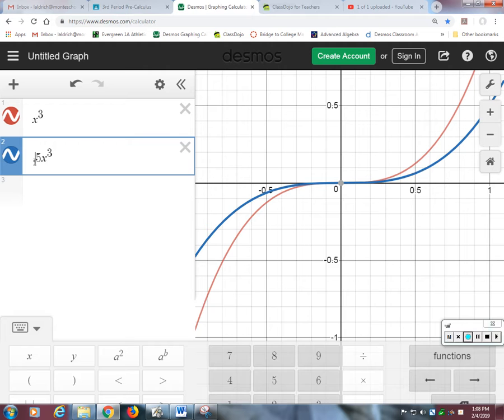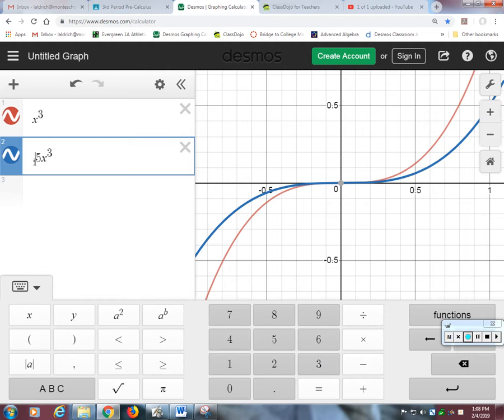If I took this decimal away and made it a 5 instead, then that would be a stretch of 5. So now the blue graph is farther away from the x-axis. It's been stretched instead of shrunk. Does that make sense? So your job now is to take this blue graph and flip it over the x-axis. How do you do that?